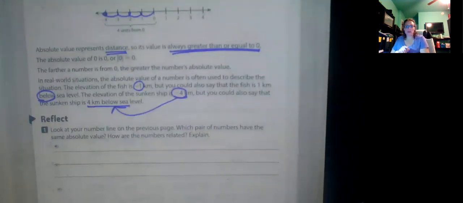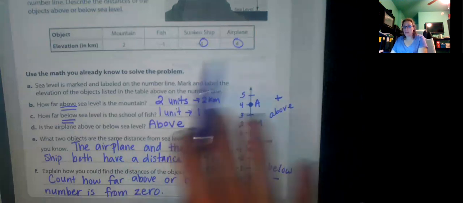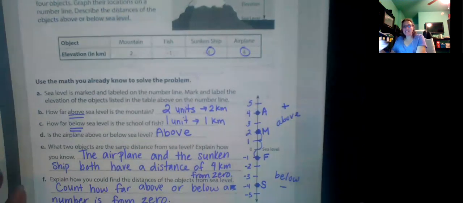So look at your number line on the previous page. Which pair of numbers have the same absolute value? How are the numbers related? Explain. So let's go back. Remember we talked about this, about the airplane and the sunken ship both having that same distance of 4, right? So that means their absolute value is the same because that distance is that absolute value.